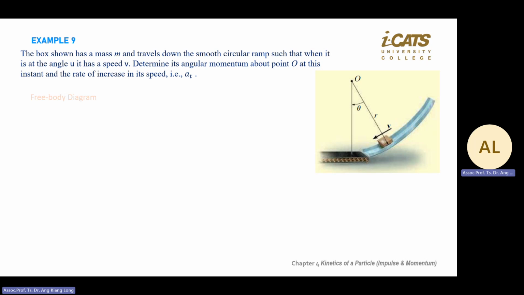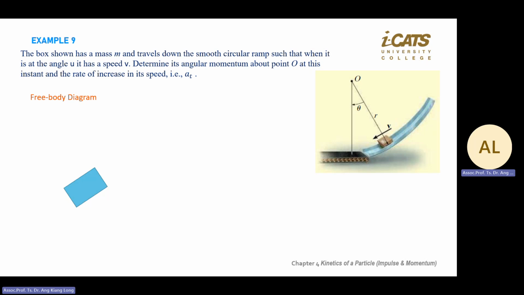Okay, so you draw the free body diagram. You are focusing on the box, so if you're given a box, you draw the box from the question. The first thing you do when you draw the free body diagram is your weight. Start with the weight at the center, going down.